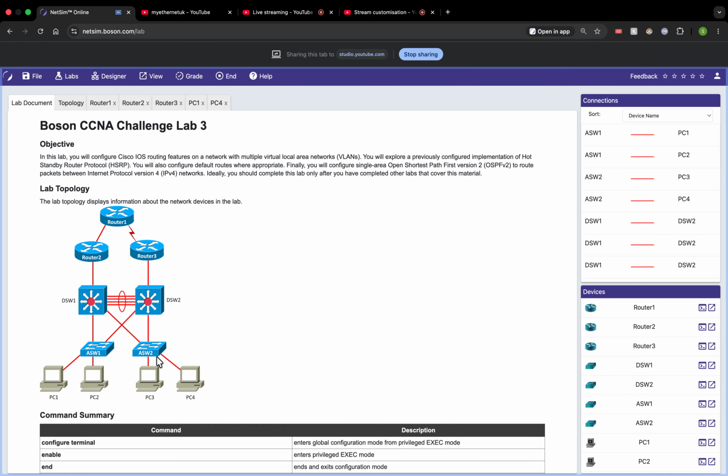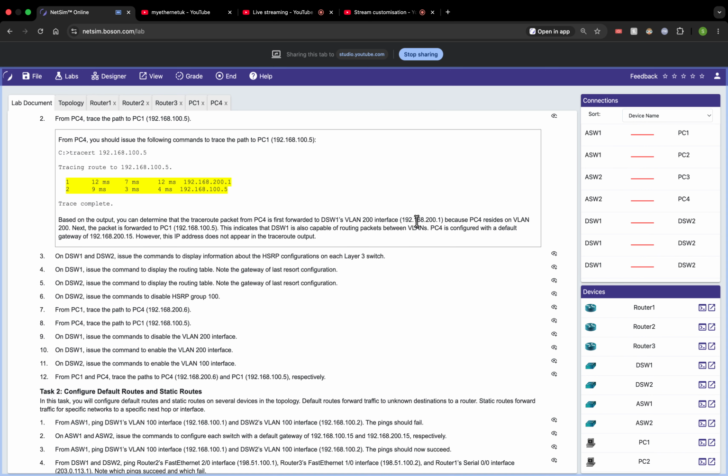Based on that, you can determine the trace route packet from PC4 is first forwarded to distribution switch 1's VLAN 200 interface because PC4 resides on VLAN 200. Next, the packet is forwarded to PC1. This indicates that distribution switch 1 is also capable of routing packets between VLANs. PC4 is configured with the default gateway 192.168.200.15.